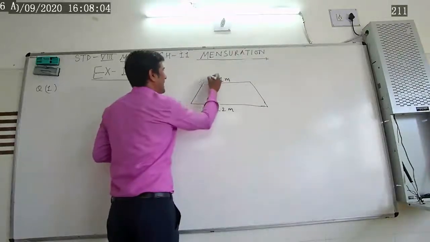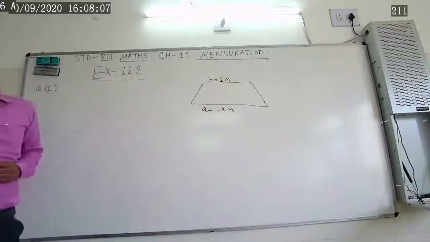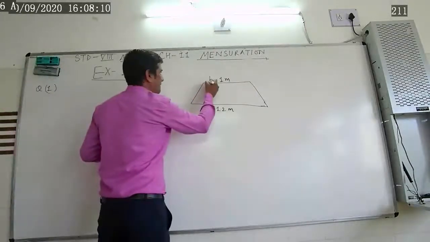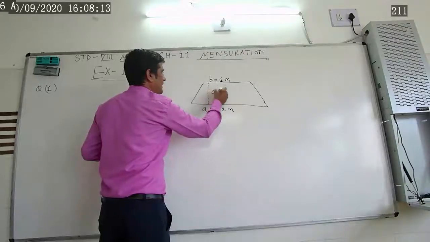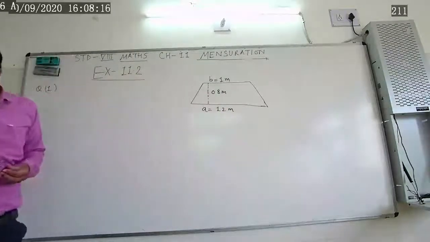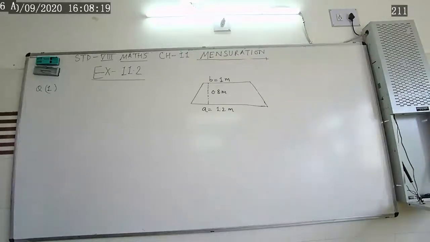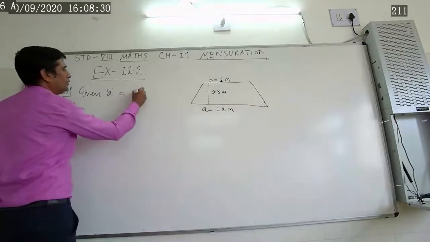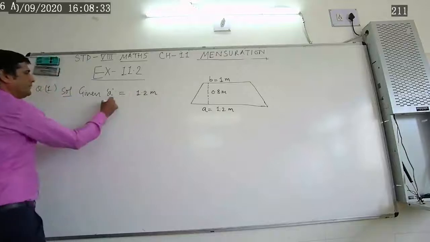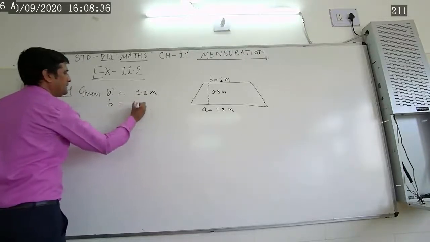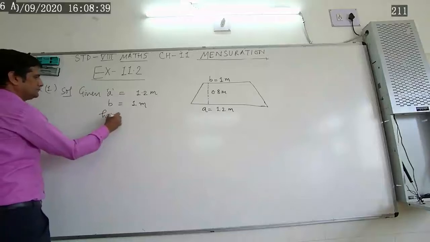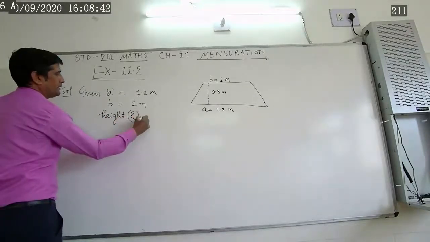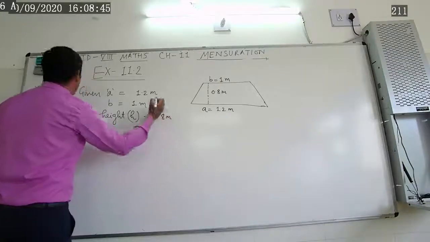You can say this is A and this is B. The distance between the parallel sides is 0.8 meter. We have to find the area. Solution: given A is equal to 1.2 meter, B is equal to 1 meter, and height H is equal to 0.8 meter.